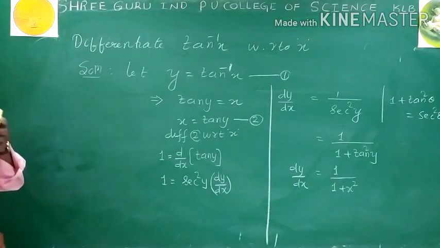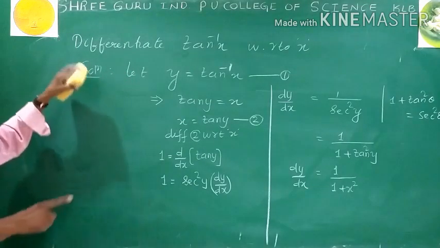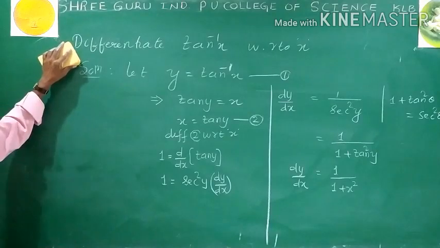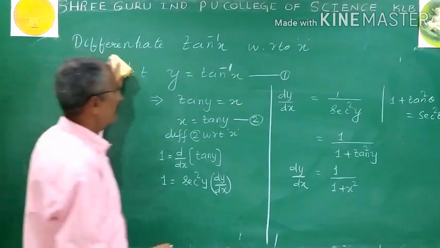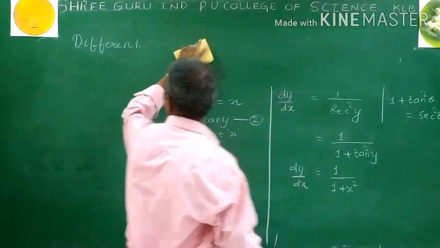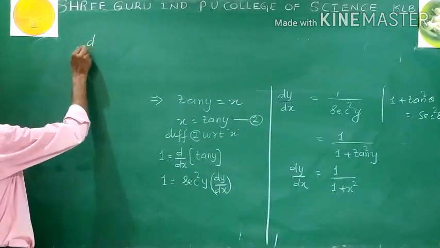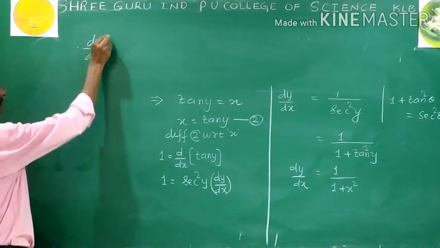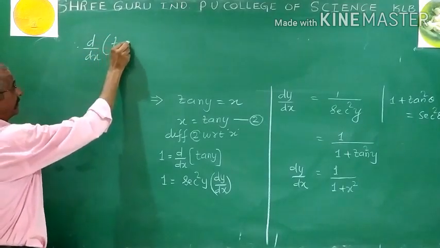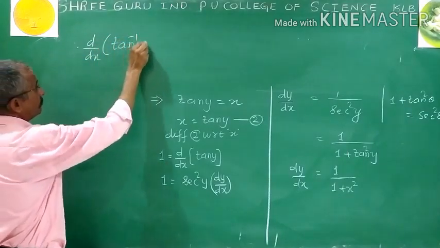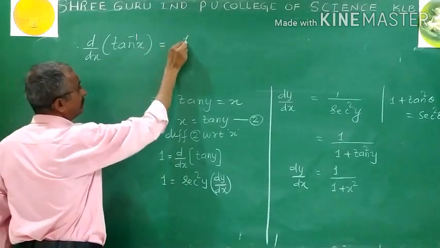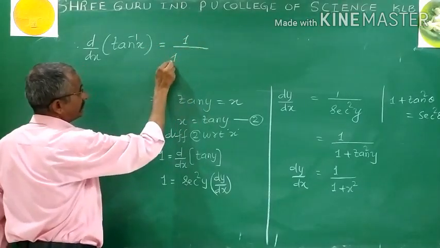That will be useful for your mind. We shall put the same result in formula type. So what we got is that dy by dx of tan inverse of x equals 1 divided by 1 plus x square.